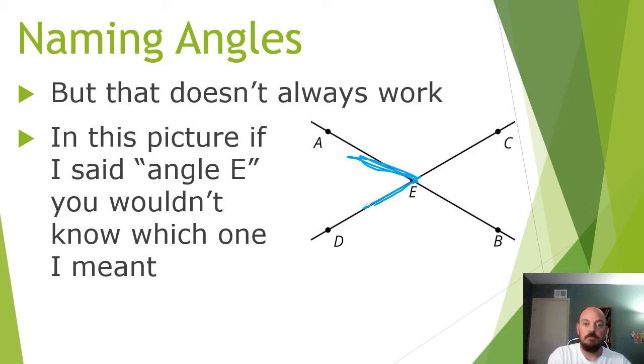Or maybe this angle up here on top. Or no, maybe this angle over here. You guys can see there's actually 4 different ones. Or maybe this angle down here on the bottom. All 4 of those, blue, green, red, and purple, have E for the vertex. So if I just said angle E for this picture, you wouldn't know which one I meant.